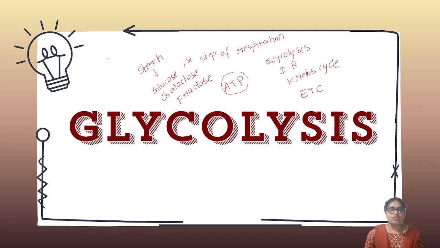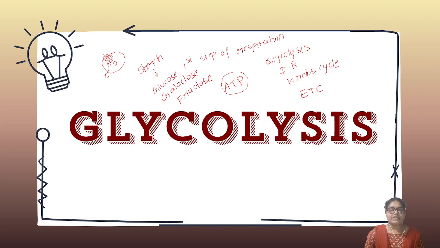From the blood, it enters each and every cell of the organs. So now the glucose molecule enters the cell through some protein channels. Since glucose is a very unstable molecule, it may move out of the cell.